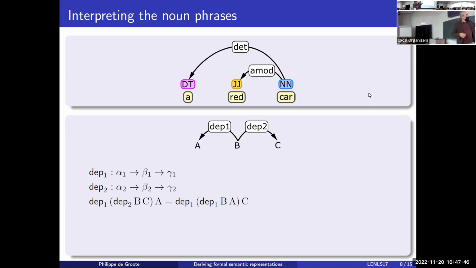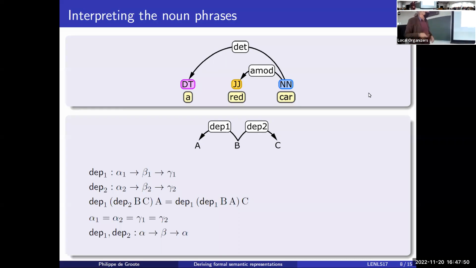Because of the coherence requirement, the only solution is to have alpha 1 and alpha 2 be the same, and gamma 1 and gamma 2 be the same. So in general, dependencies should always have as first argument and as result something of the same type.